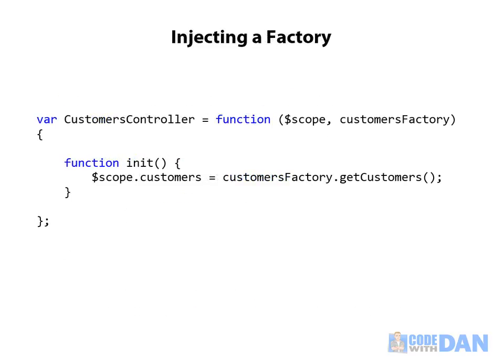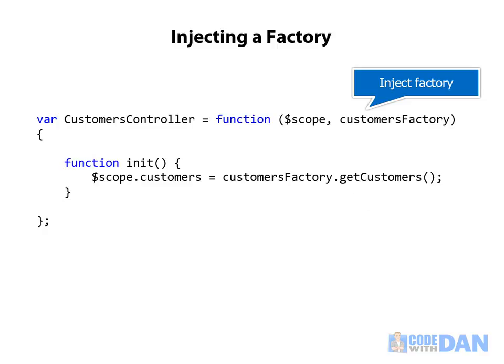When it comes to using a factory, once you've defined one, how do you make it available to, say, a controller? In this case, we have a customers controller, and you can see we have the scope injected. But the second parameter here is going to represent our custom factory. And so what will happen is as long as you've registered this factory with AngularJS, using the syntax I just showed, Angular at runtime will automatically inject this in, and then we can use that factory to go get some customers in this case.